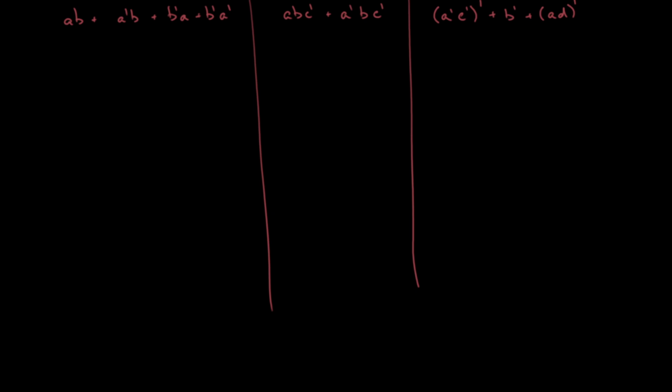So the first one, it's kind of like factoring by grouping. I'm going to look at the first 2 terms and then the second 2 terms in pairs.